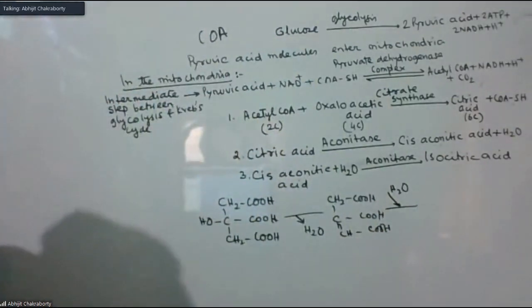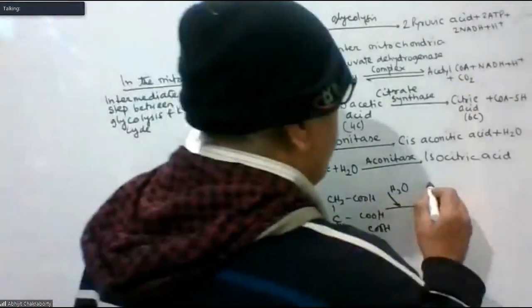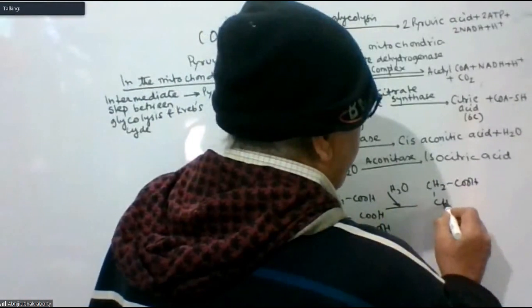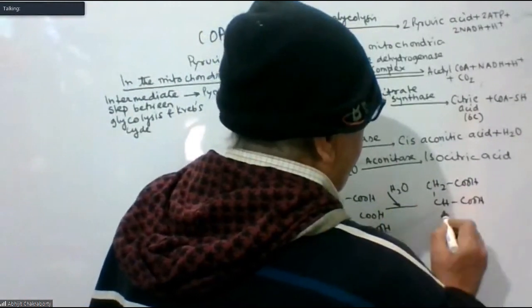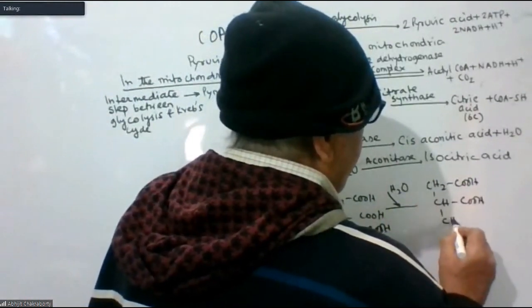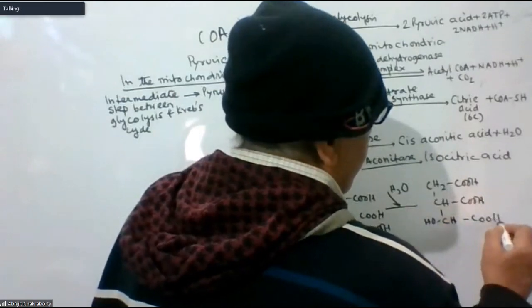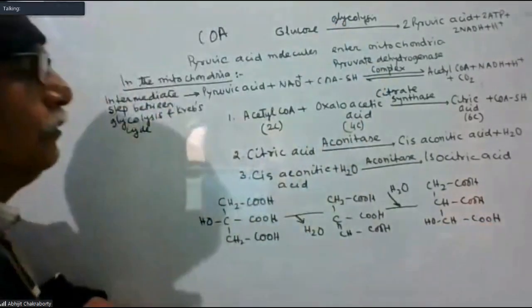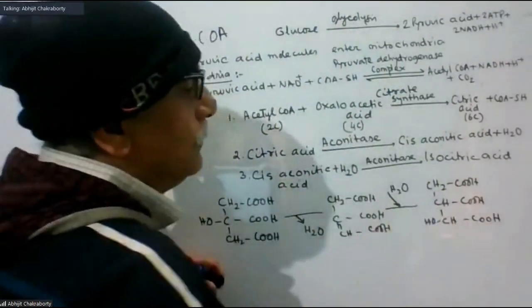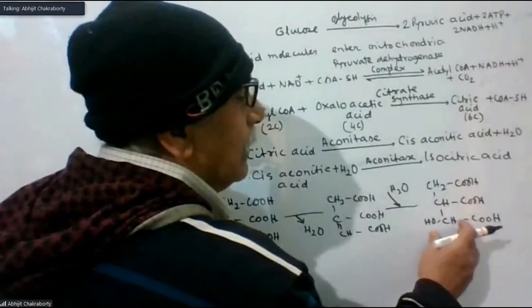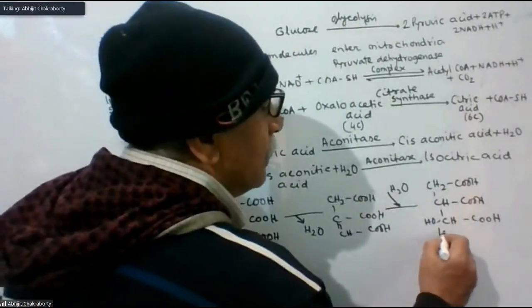Change occurs here. So OH and H are added here. Now, this carbon is most unstable now, can release hydrogen. This is called isocitric acid.